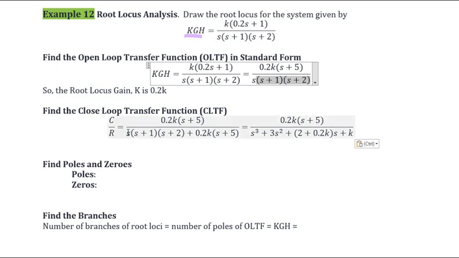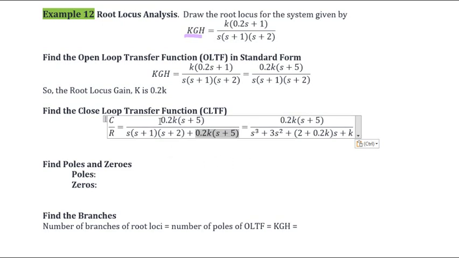So we've got the KGH in terms of the entire numerator and part of the denominator, and then you can see that we are adding the forward path to these other terms. You'll see that over and over in the problems that we've done up to example 12.